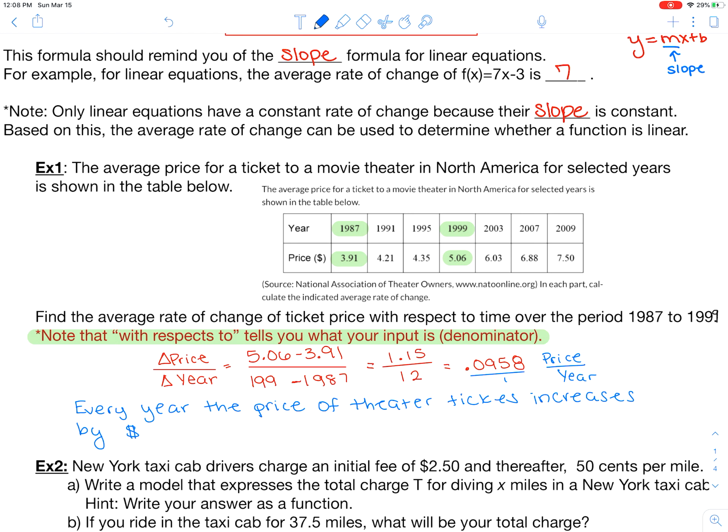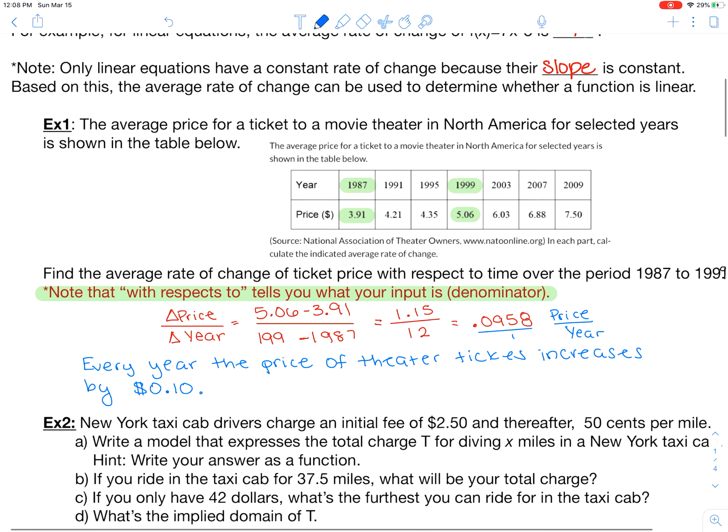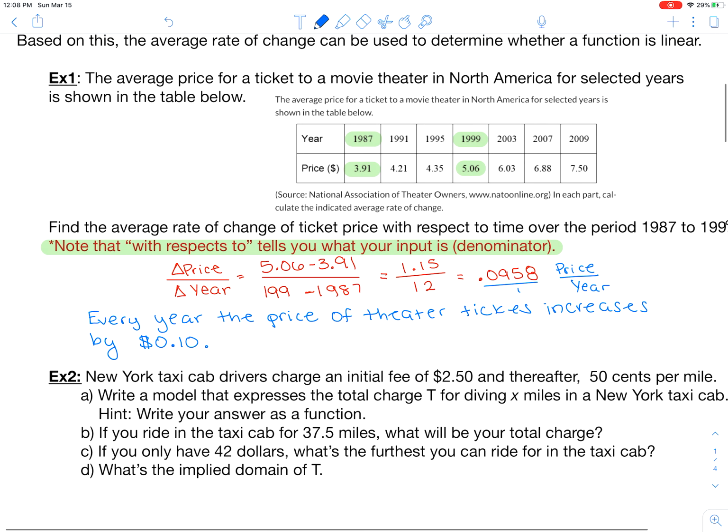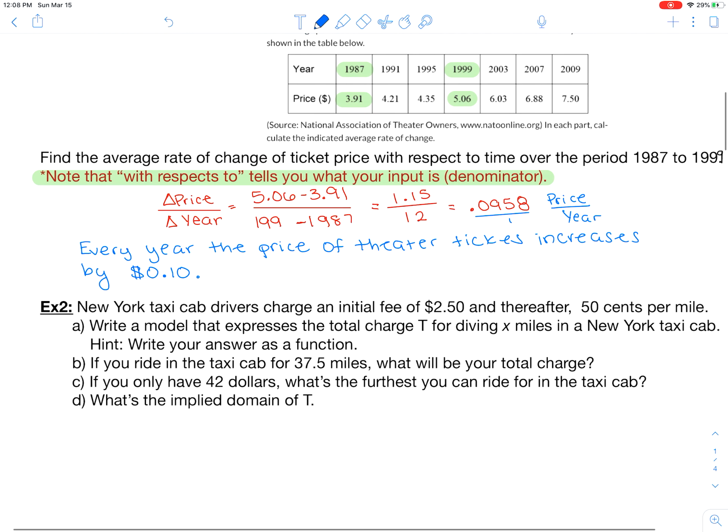I'm going to round this to the nearest cent. That is 10 cents. So every year the price of theater tickets increases by 10 cents. And I will write on tests to interpret your answers verbally so you know exactly what you are looking for.